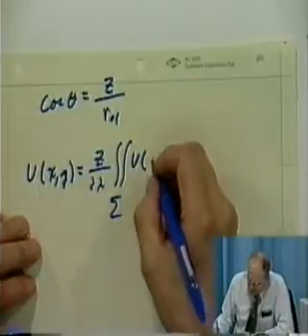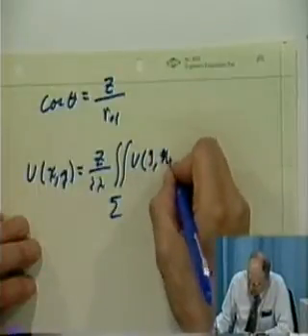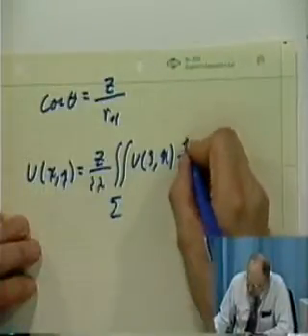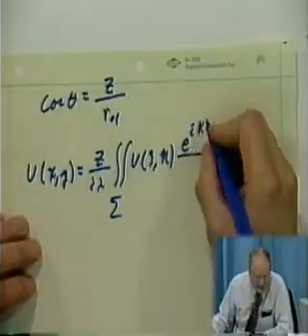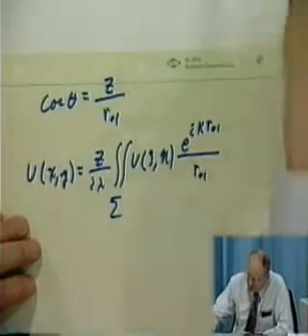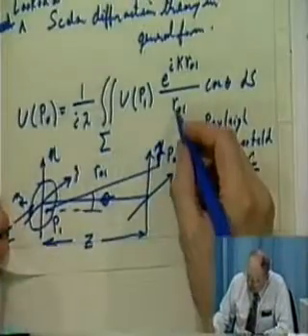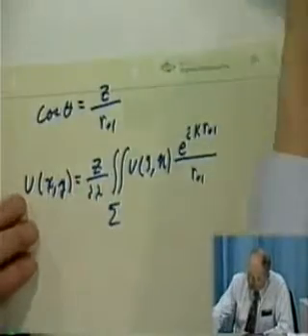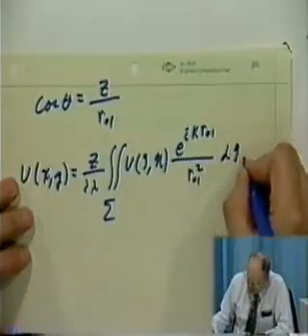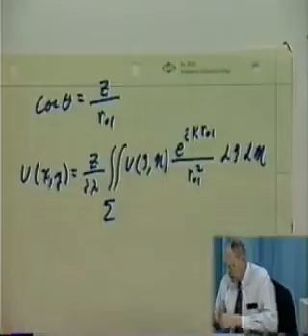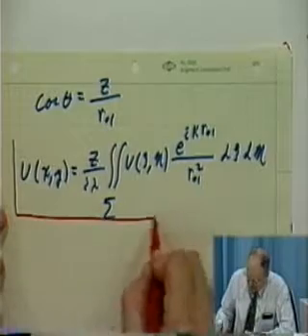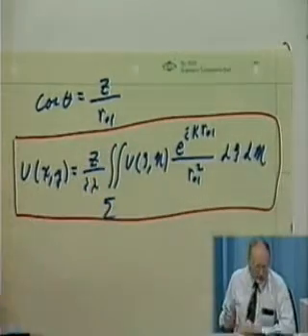We said coordinates in the aperture were squiggle and eta. And then we have an e to the i k R01, and we have an R01 here. And we get another R01 from the cosine theta, so we get an R01 squared. And then integrating over the aperture. Now I'll draw a box around that. I like that equation so well.